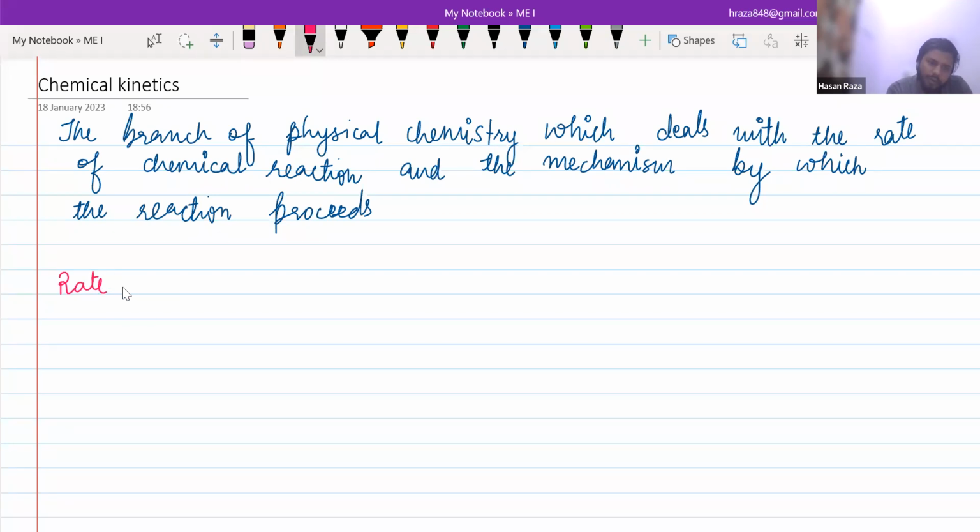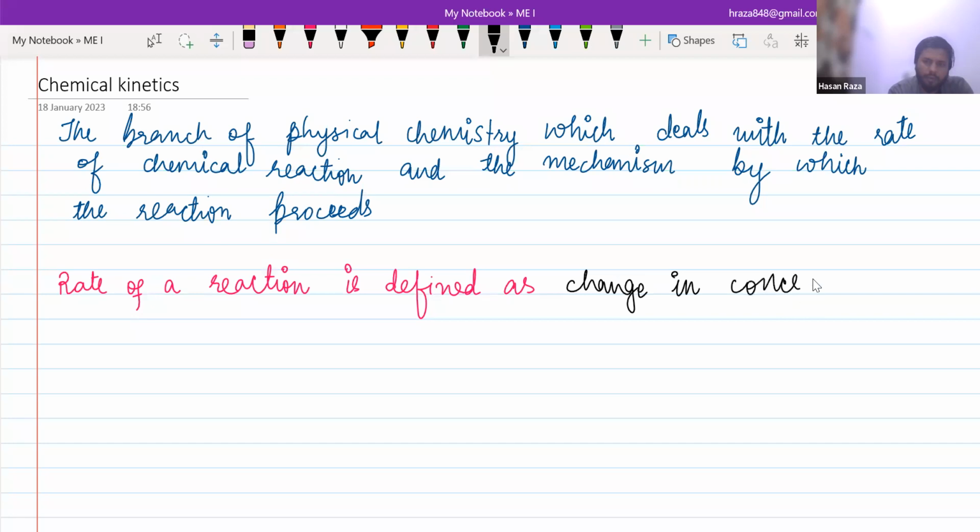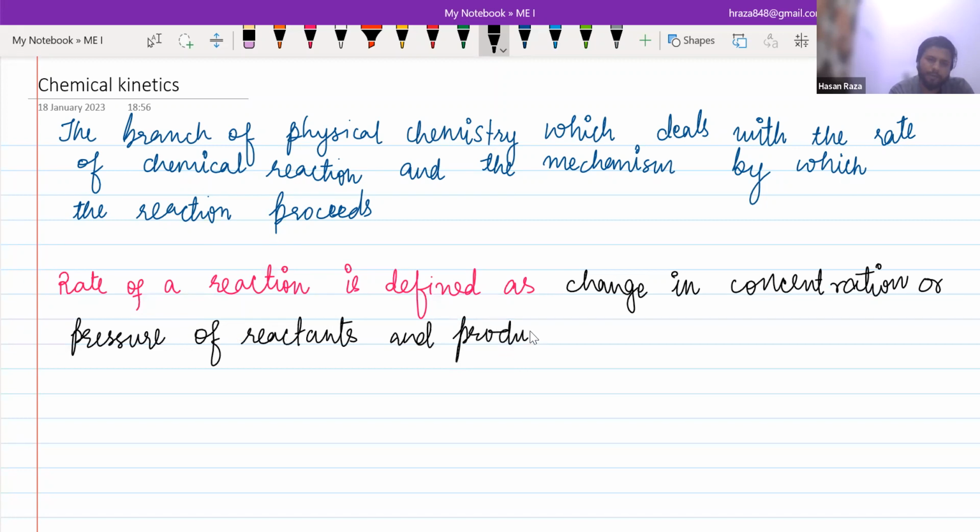You can write: the rate of a reaction is defined as the change in concentration, and if it is in gaseous state, then we are going to take pressure, of either reactants and products per unit time. This is called basically a rate.